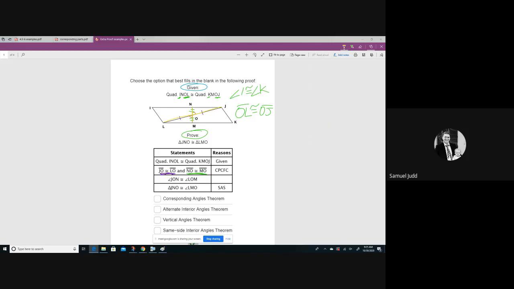Oh, hey, vertical angles is an answer choice, and that's the correct answer choice. And then once we know that we have the angle in between two sides, that's giving us the side angle side. The angle is in between the two sides.